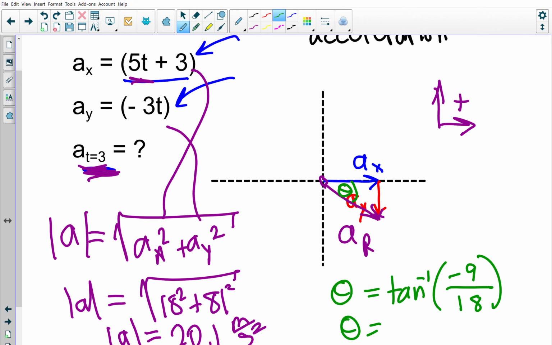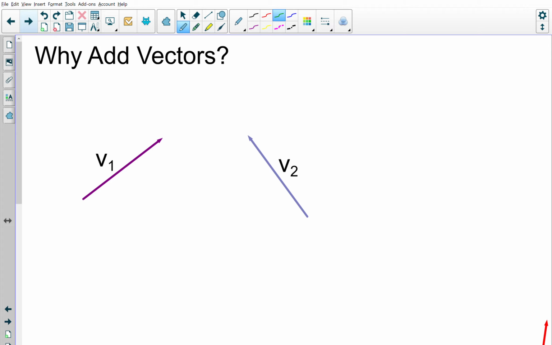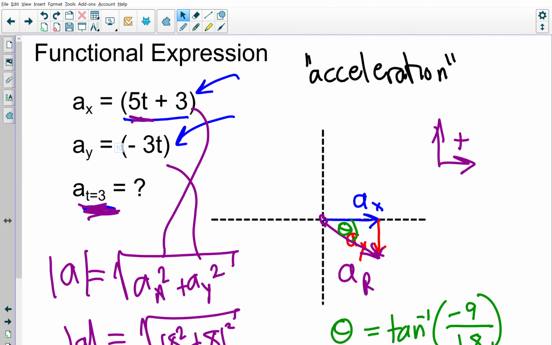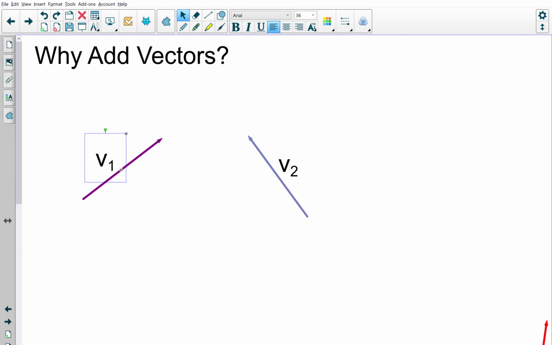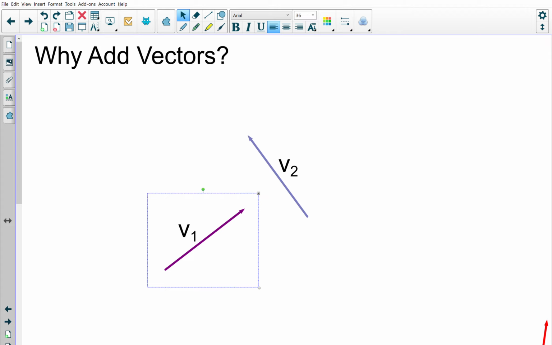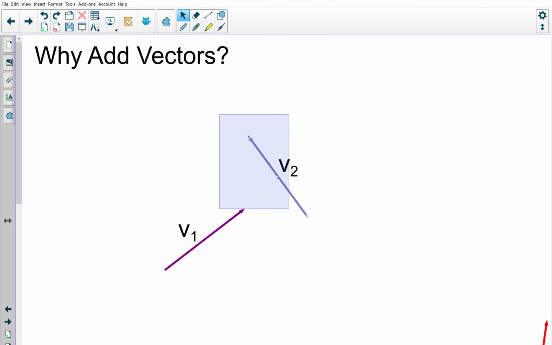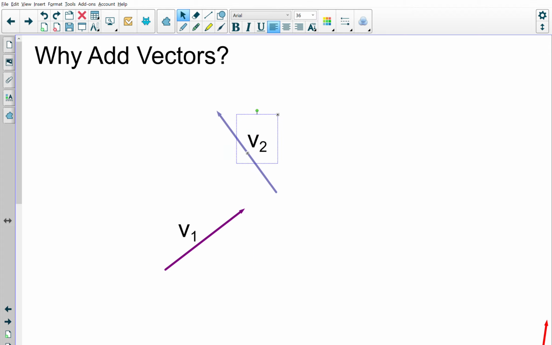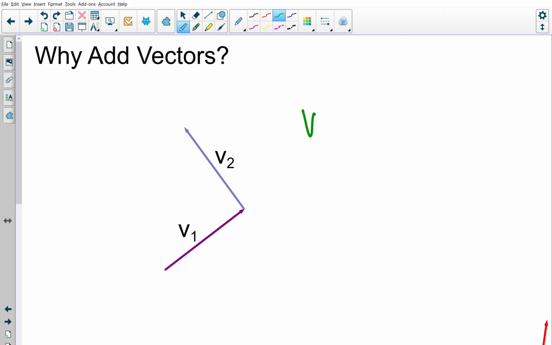Okay? All right, last thing to talk about. Why are we adding vectors at all? Quick answer is you need a resultant. If this is the boat's engine speed, or the thrust from the engine, it's really the water pushing off, and this is the wind pushing the boat another way, if you add them together, this is literally V1 plus V2.